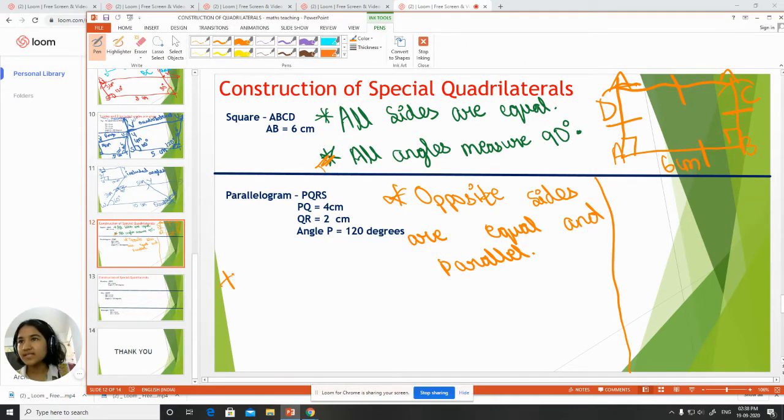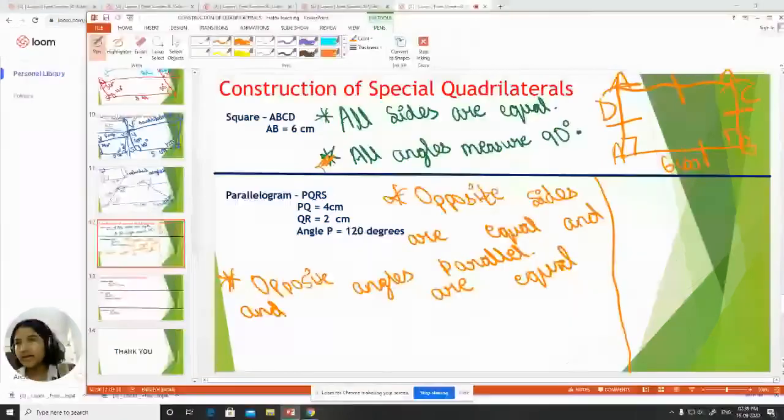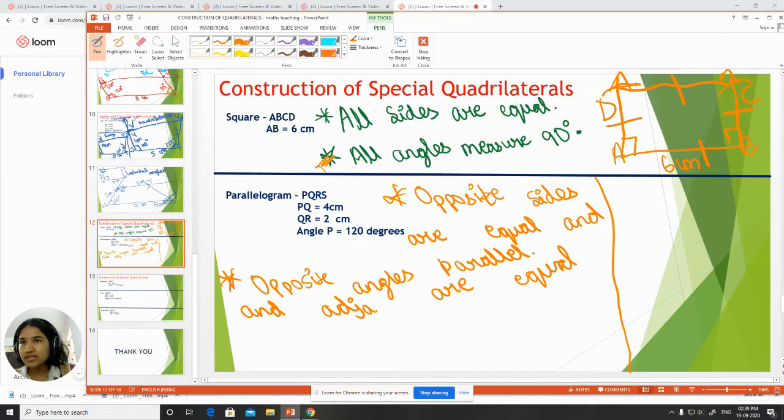Next. Which is the next property? Yes. The opposite angles are equal and adjacent angles sum up to 180. Which is the next property?